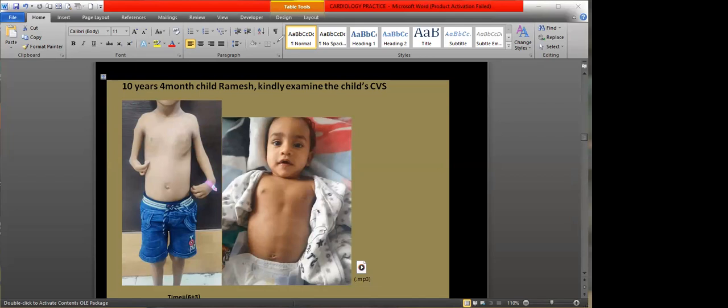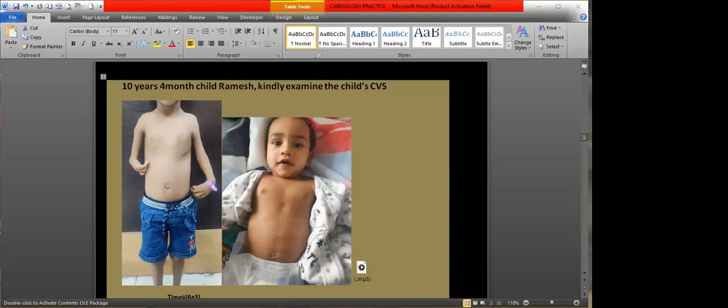So you need to know how to approach a smaller age group, in CVS particularly, because if you are unable to hear anything, you may lose the station. So this is another trick. Kindly go and observe the child and quickly auscultate. Quickly do your auscultation first to come to a conclusion about the murmur. After that, gradually complete your general examination.